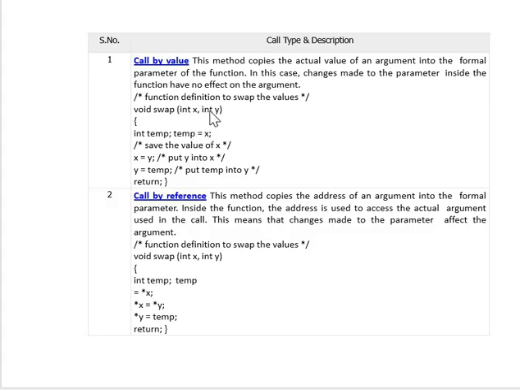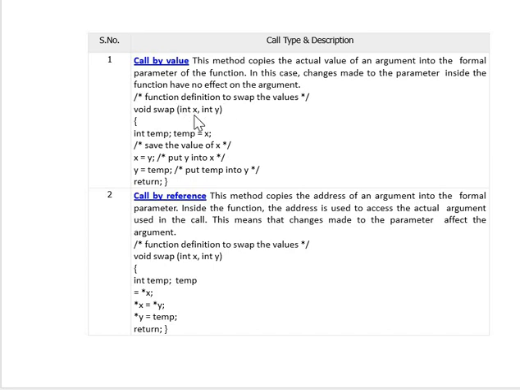Wherever the function is defined, the parameters in that function definition are called formal parameters. Wherever we make a function call, at that place the parameters are called the actual parameters. So when you make a call by value, the actual parameter values are simply copied into the formal parameters.